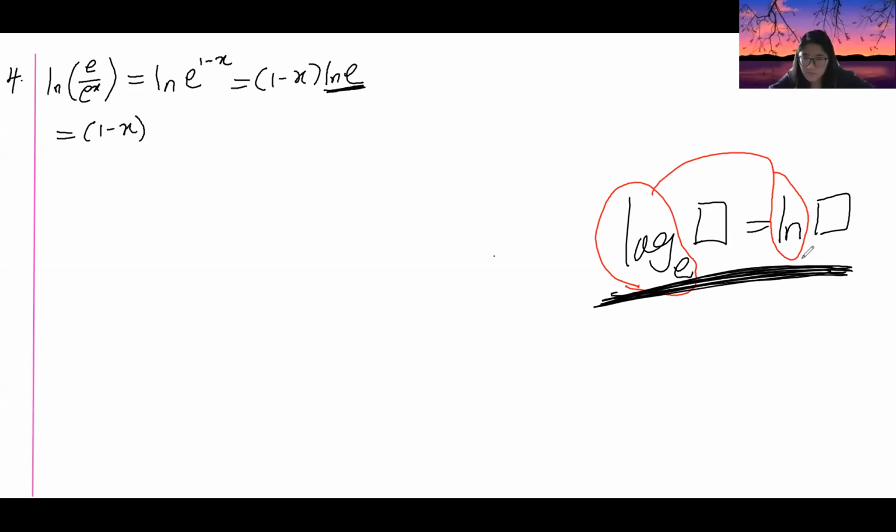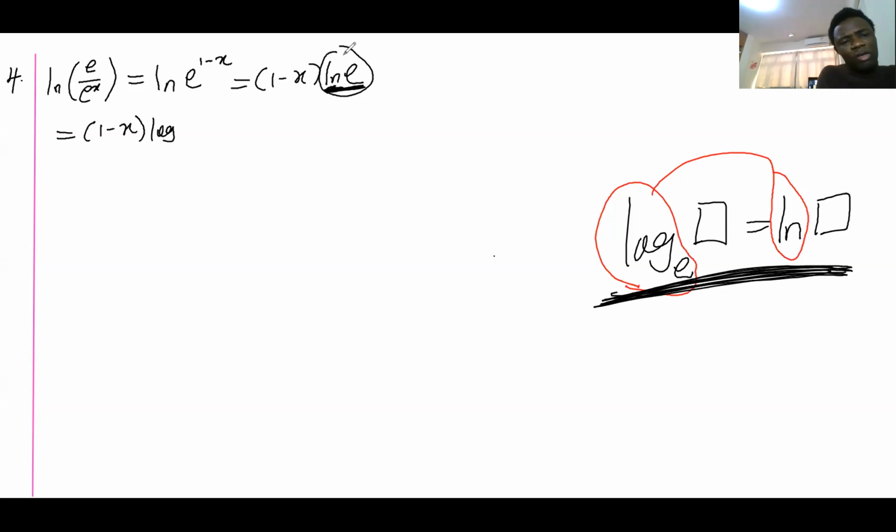So you don't know how else I can say this ln again? This ln, not the e now, this ln. What does it mean in another way of writing it? Log base e. So if this ln is log base e, can you tell me everything in another form?